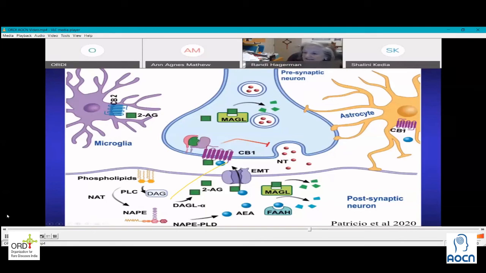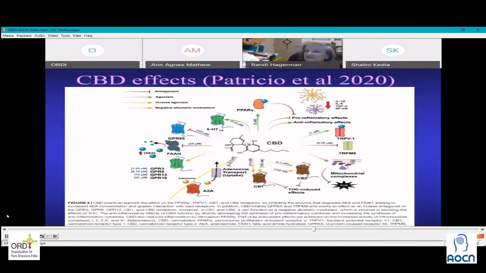Normally these naturally produced cannabinoids are produced in the post-synapse and go into the synapse, the reverse of most neurotransmitters, but then they can block the expression of other neurotransmitters. So it works differently than what you usually see, but CBD has multiple effects.